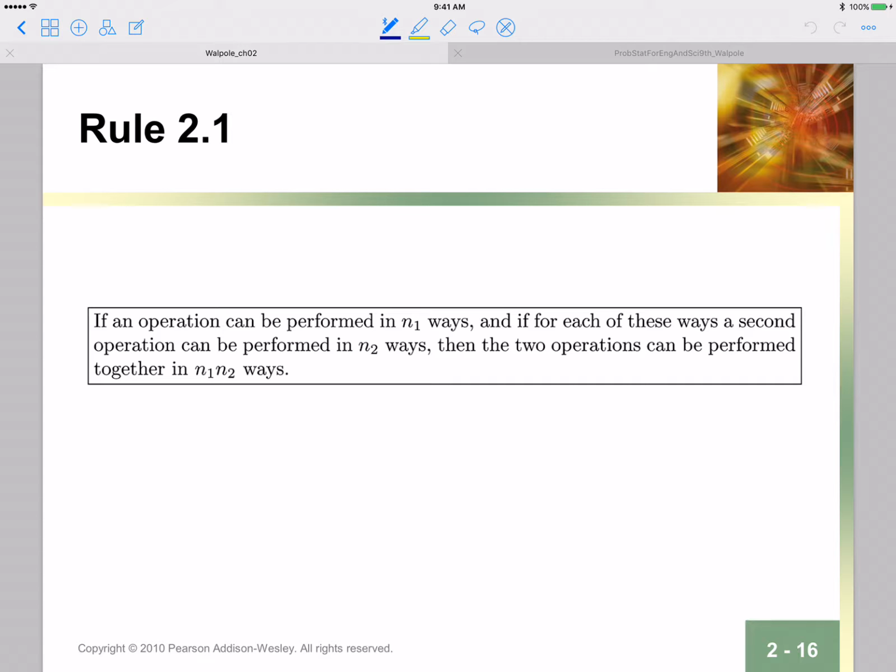So suppose one element in your event space is coin, comma, and then dice, and it could be head or tail, and this could be 1, 2, 3, 4, 5, 6, right? So altogether, we know there are 12 different cases, right? So 12 different cases will form our entire event space.